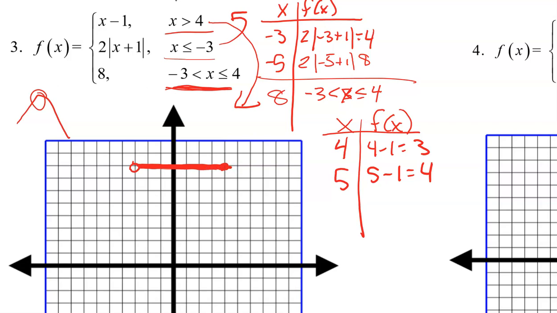Second portion, for x less than or equal to -3. At -3, f of x is +4. At -5, 1, 2, 3, 4, 5, f of x is +8.